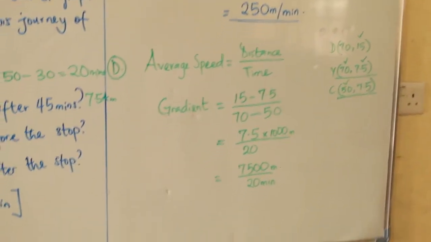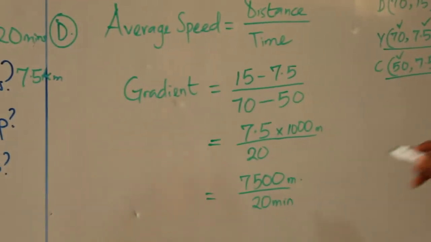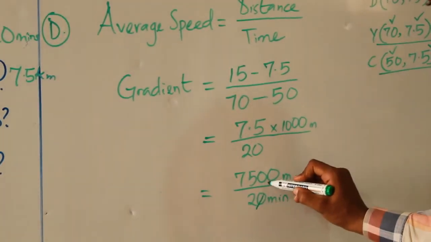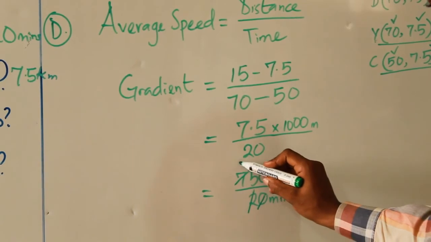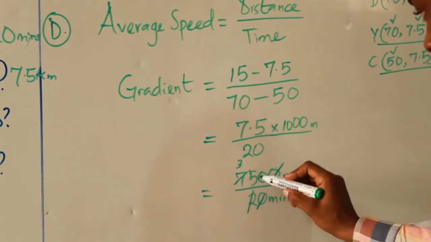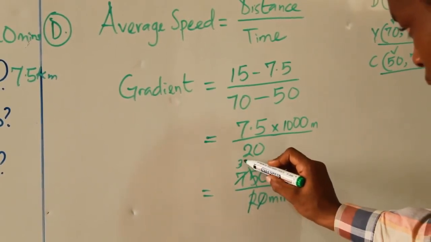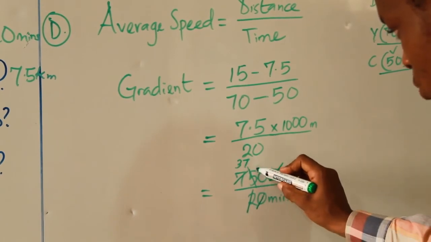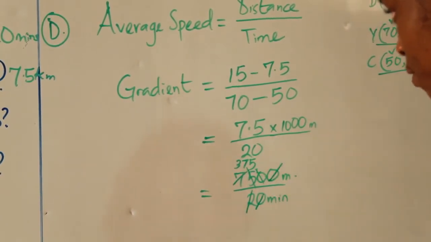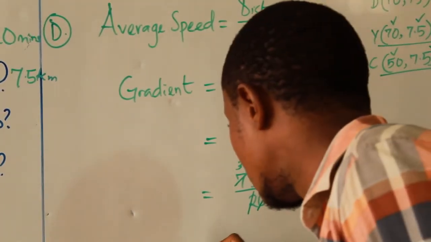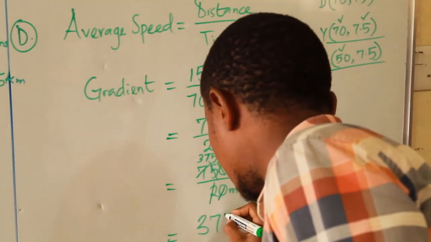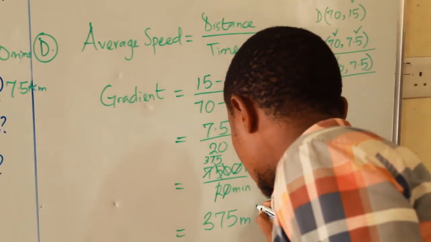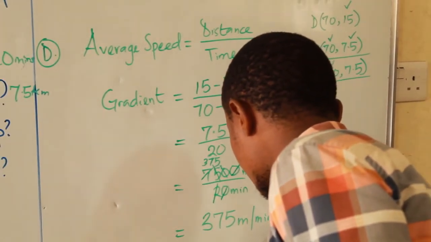All we have to do is strike out the zeros, and then 2 into 7 is 3, remainder 1. 2 into 15 is 7, remainder 1, and 2 into 10 is 5. So our average speed after the stop is 375 meters per minute.